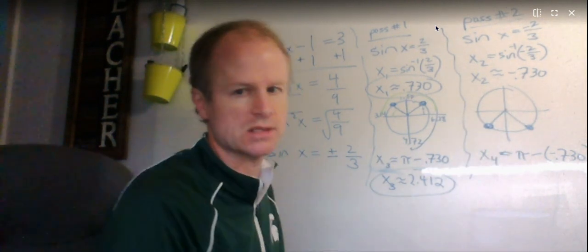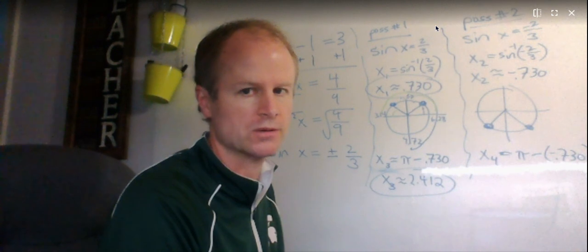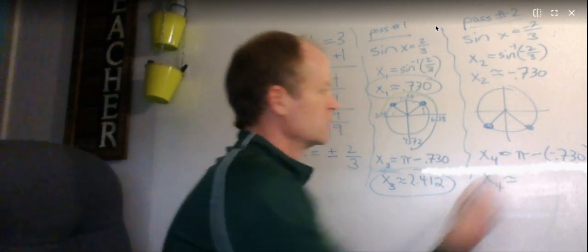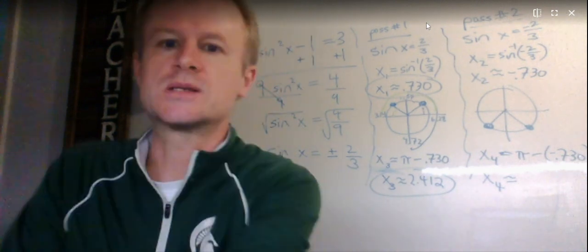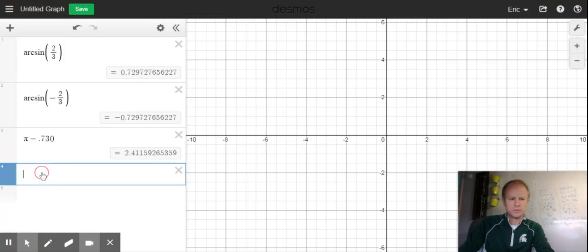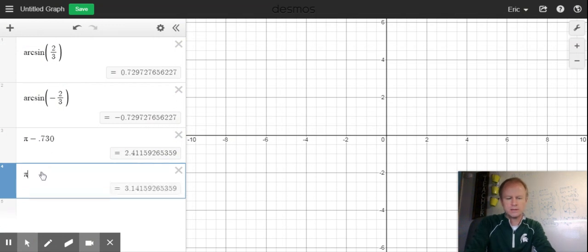If you wanted to just think about that as pi plus 0.730, that would give you x4. So x4 is going to be, let's see what we get. Pi plus 0.730, and I get 3.872.